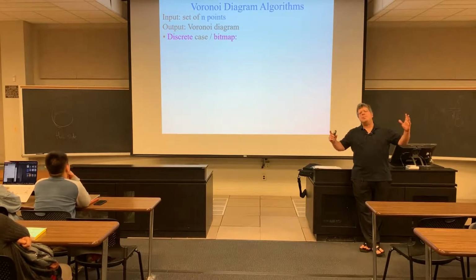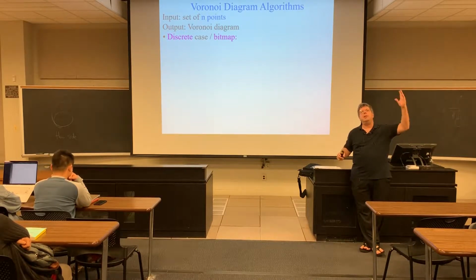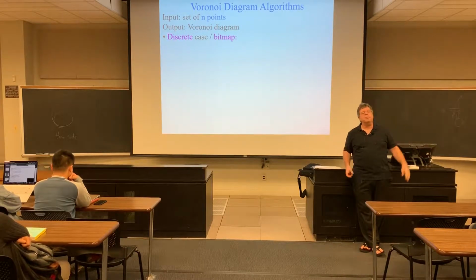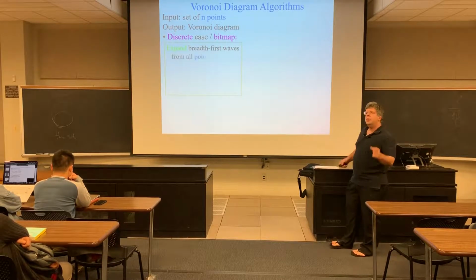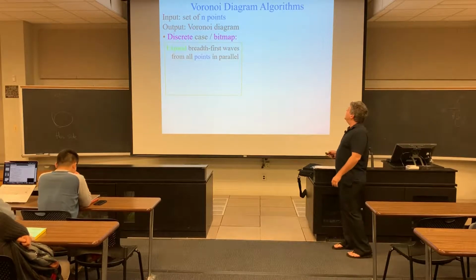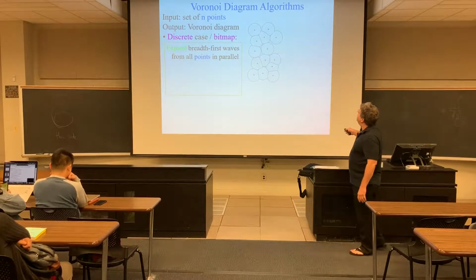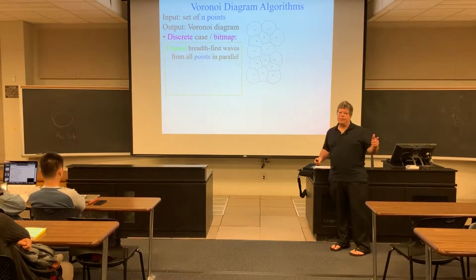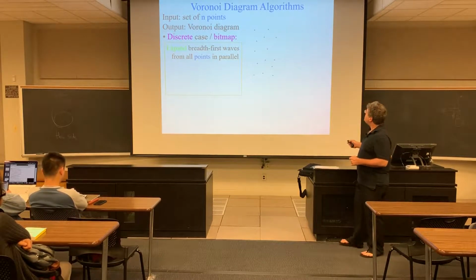So you have a big n by n bitmap, say 1,000,000 by 1,000,000 pixels, and you want to find all the points that are closer to a given point than to any other point. What you can do is expand wavefronts from all the points. Again, this assumes it's a bitmap, which often it isn't, but we'll look at the more general case in a minute.